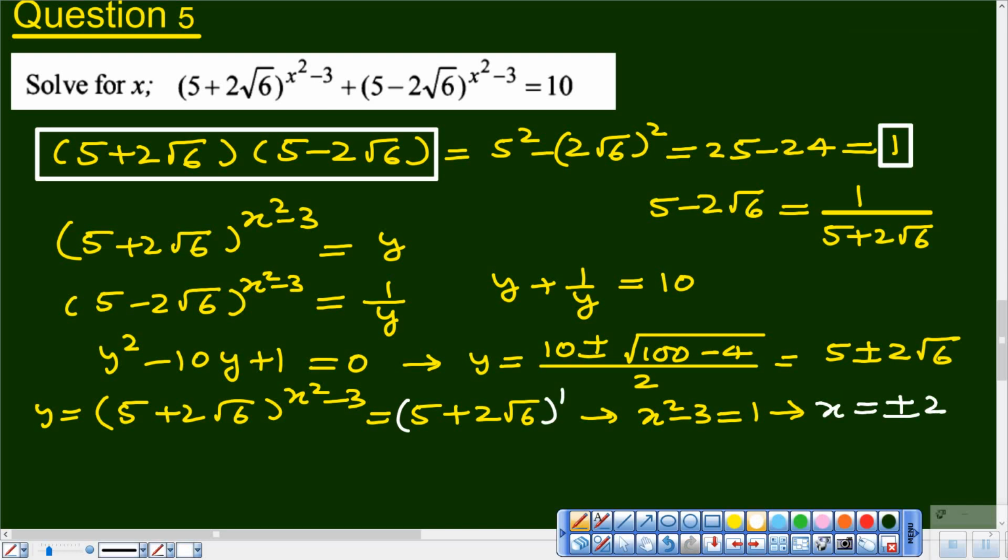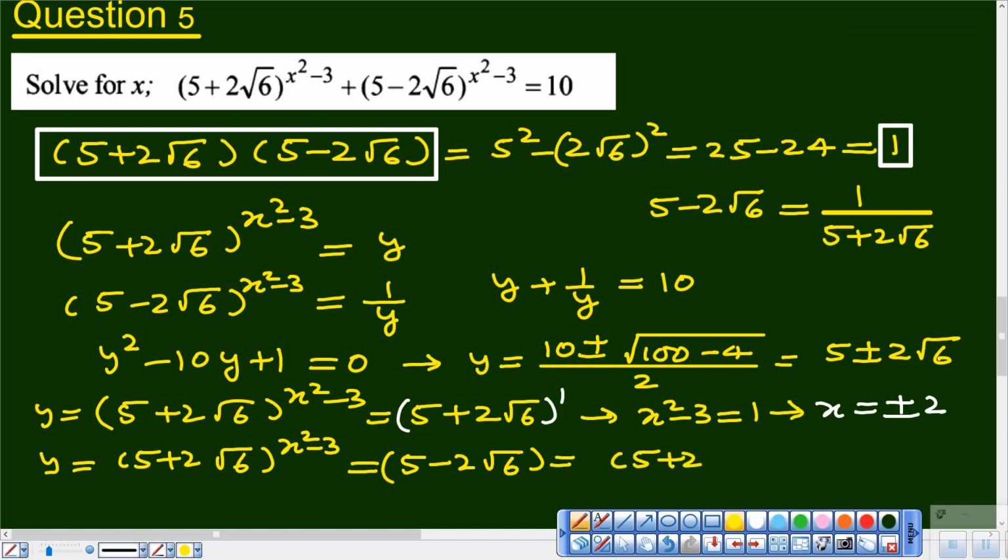If I take the value of y as 5 minus 2 root 6, then y, which was 5 plus 2 root 6 raised to the power x square minus 3, for the second root, that is with the minus sign, is going to be 5 minus 2 root 6, which can be written as 5 plus 2 root 6 raised to the power minus 1, as we have already done.